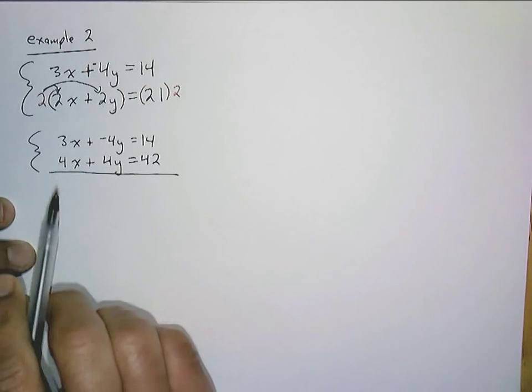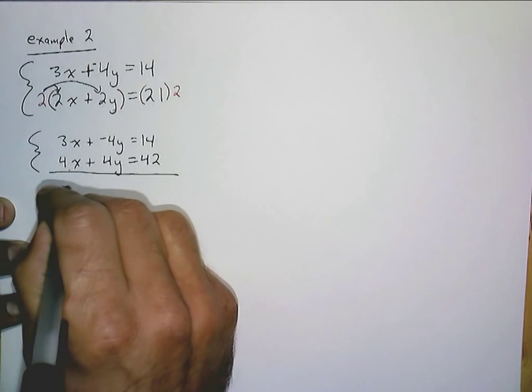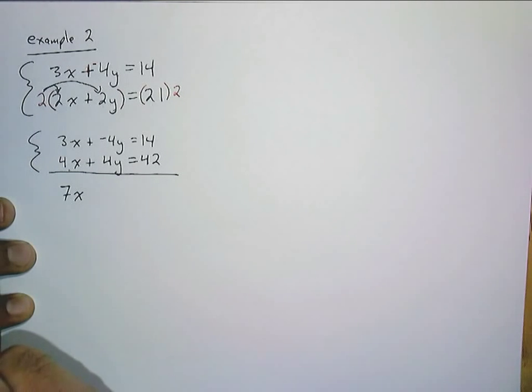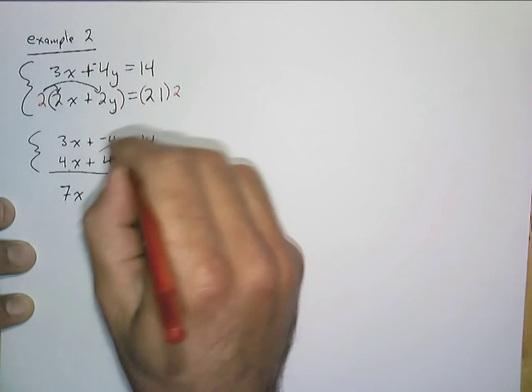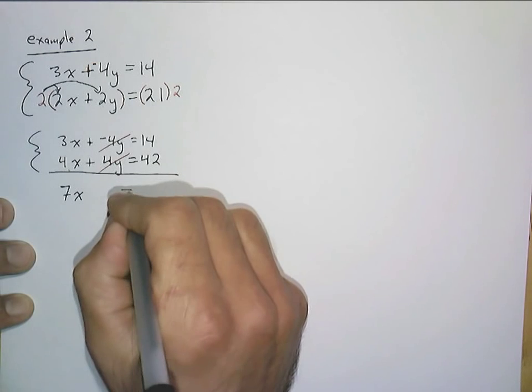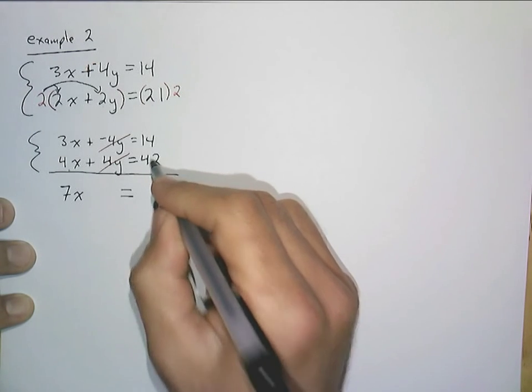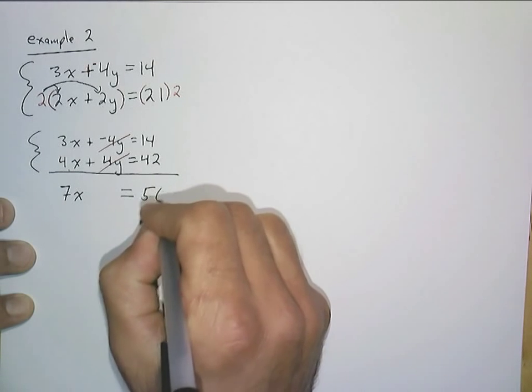On the left-hand sides, well, we're going to combine the like terms of the x's. 3x plus 4x is 7x. But now, beautiful, negative 4y plus 4y, that equals 0. So now this is equal to 14 plus 42. We're adding the right-hand sides together as well, and that's just 56.